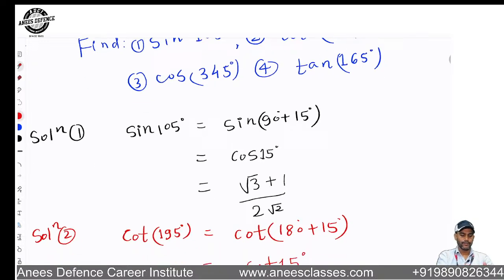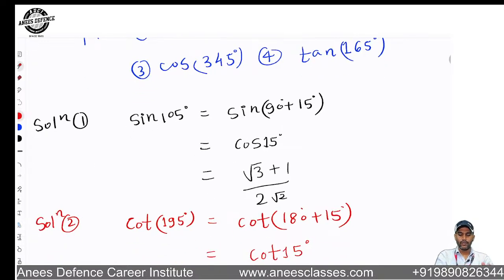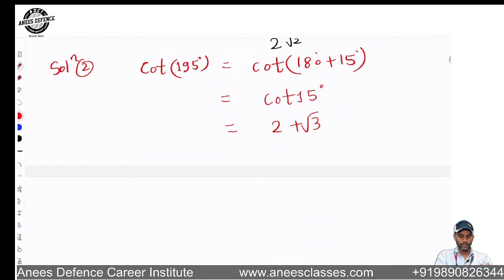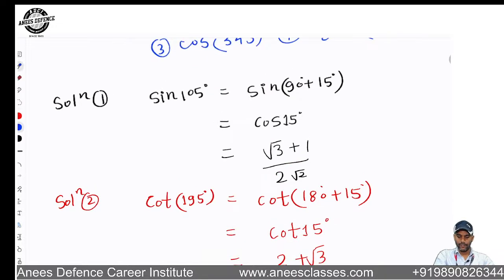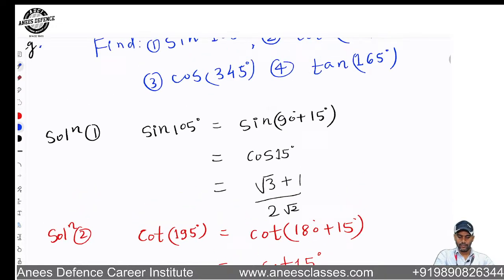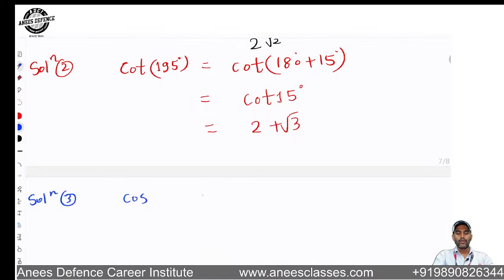See, very easy. Solution number 3. Cos 345. Can I write cos 345 as cos of 360 degree minus 15?